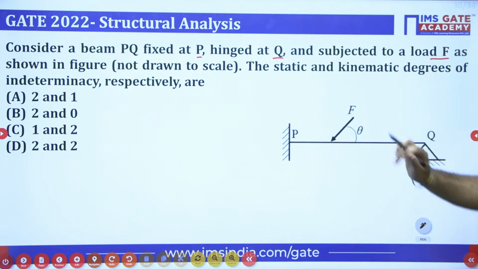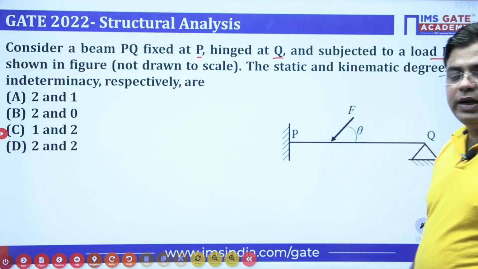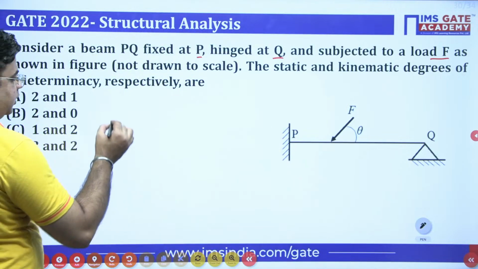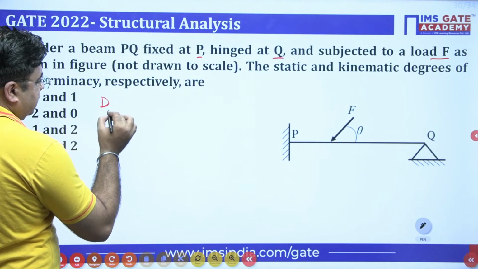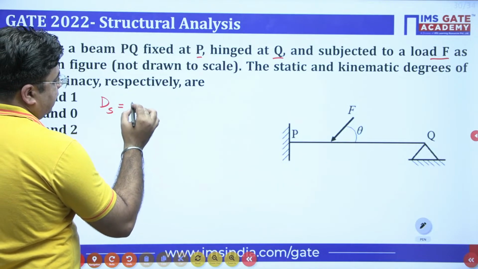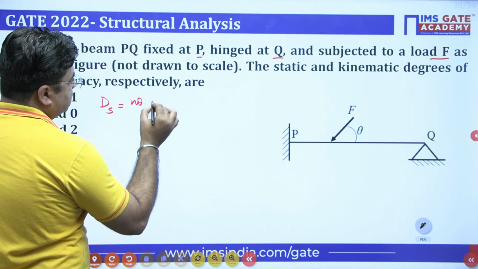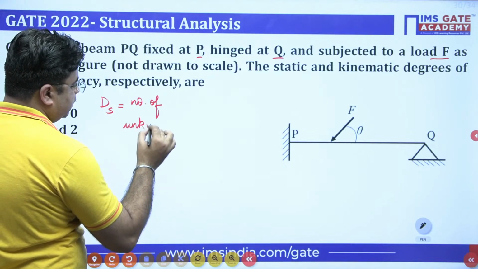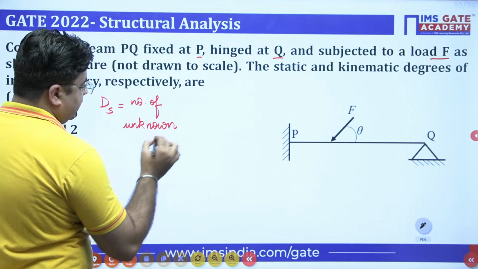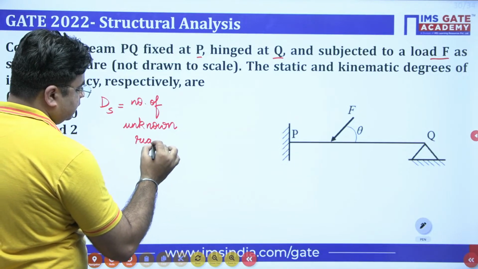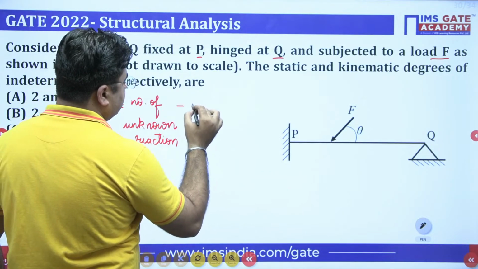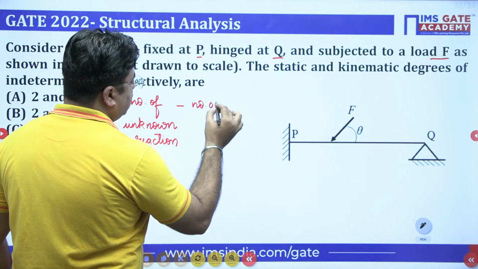So here is a beam given to you in which an inclined load is applied. You need to calculate the static and kinematic indeterminacy. So that's a very, very easy question. Static indeterminacy is the number of unknown reactions minus the number of equilibrium equations.